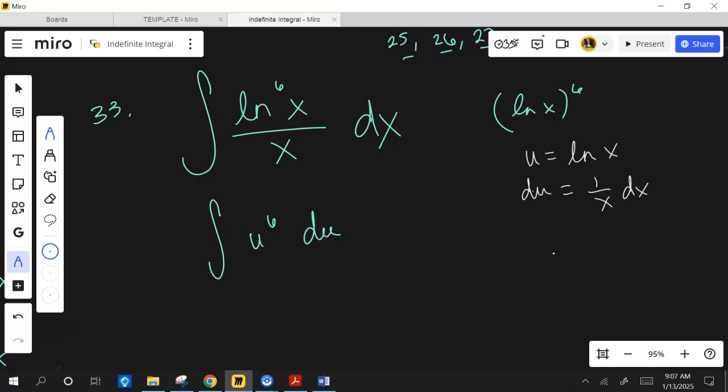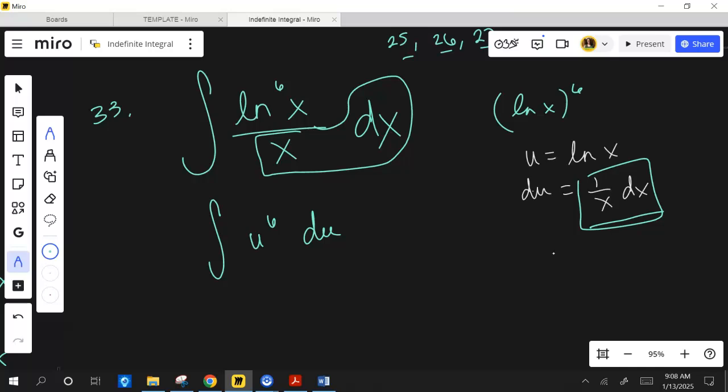What's the antiderivative of u to the 6th? I don't even have to put anything because everything's completely contained. Because my du was 1 over x dx, and I've got 1 over x dx already in here.